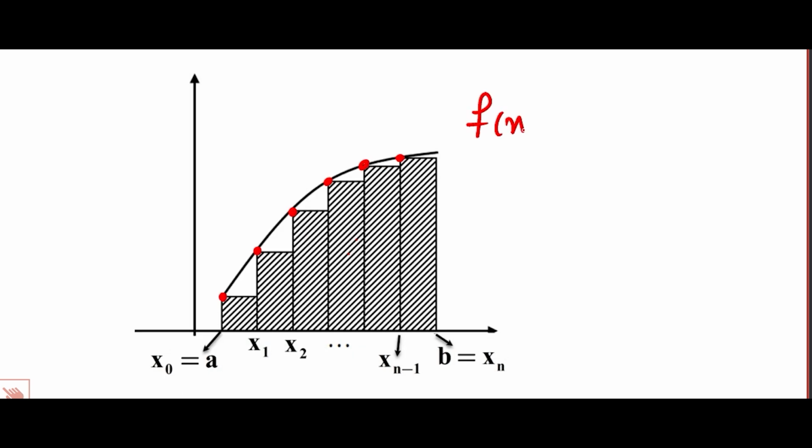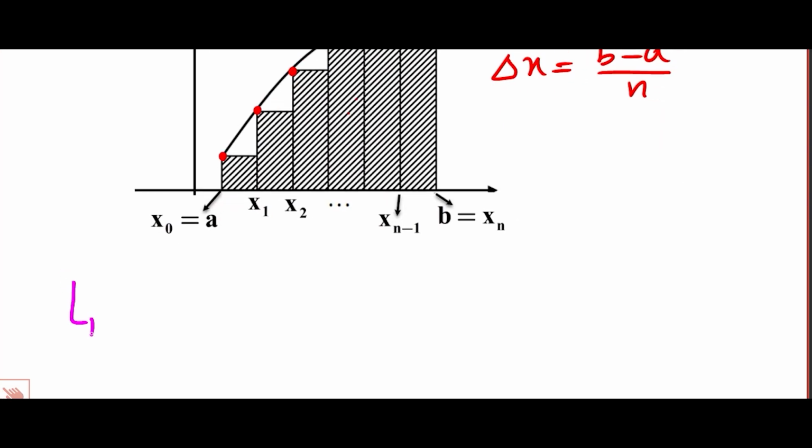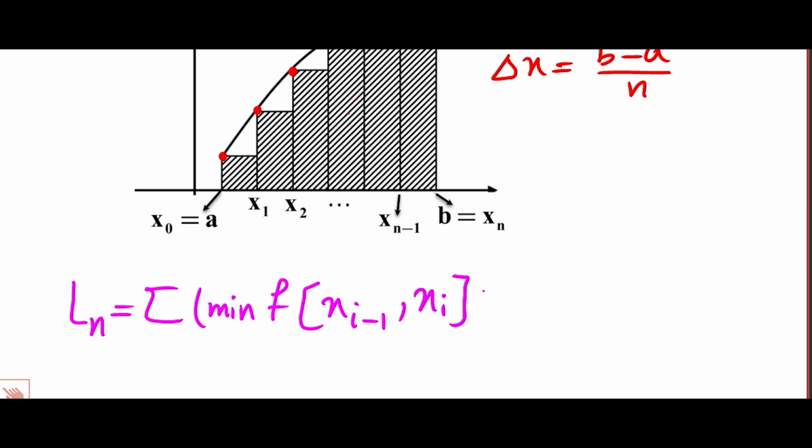Let f of x be a function on the closed interval a to b. We divide this interval into n subintervals of width delta x equals (b minus a) over n. So the lower sum means L sub n equals the sum of the minimum value of f on [x sub i minus 1, x sub i] times delta x, from i equals 1 to n.